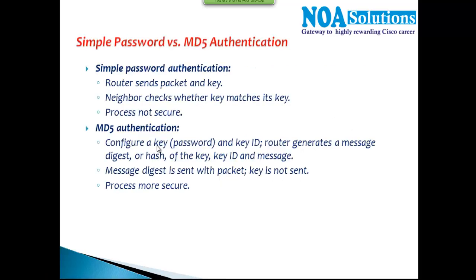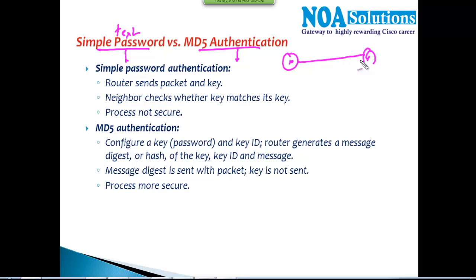Before we get into the practical scenarios, let's understand the different types of authentication we have. We have majorly two kinds: simple text authentication, or simple password authentication, and MD5 authentication. In the case of text authentication, it's very simple.